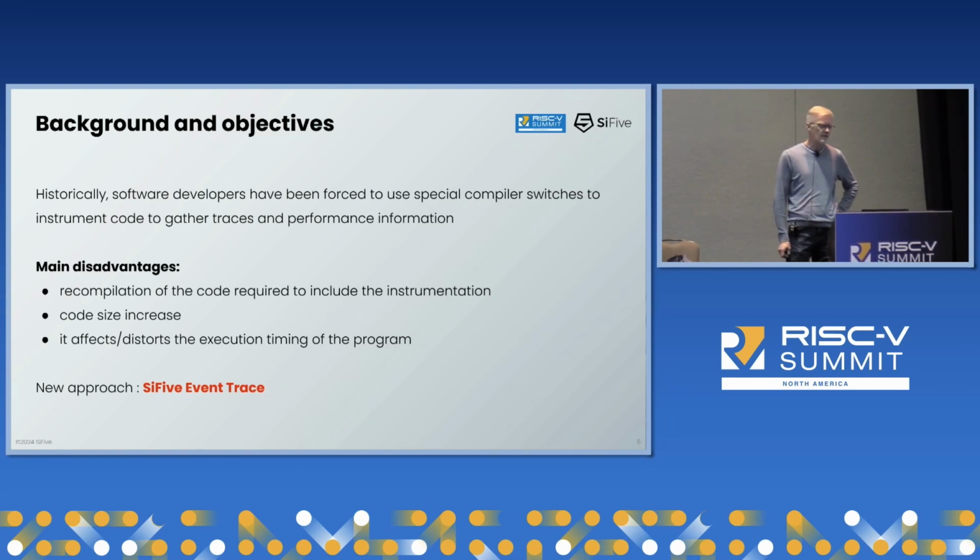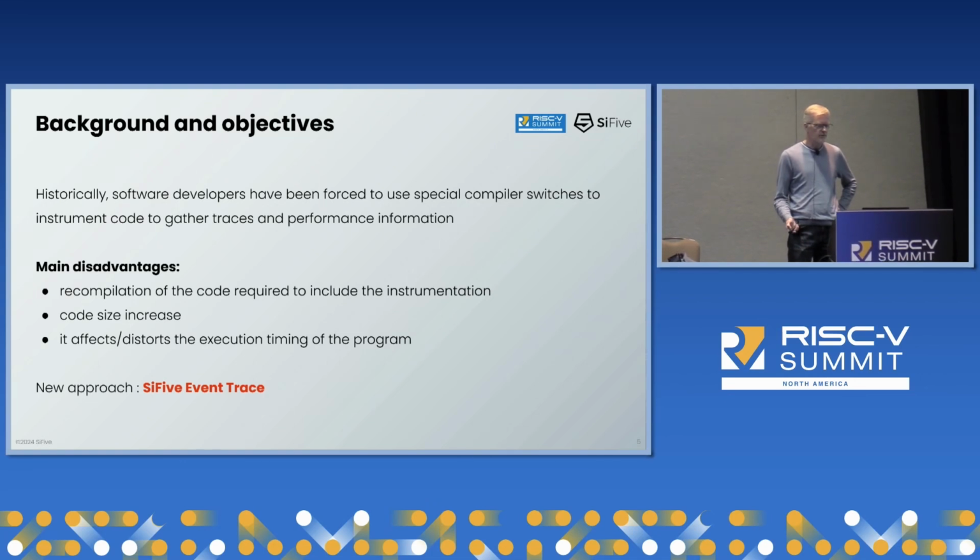That means you are not actually profiling the production code, but your instrumented software instead, which can change the behavior of the software, meaning you might be profiling something that was not actually present in the production code.